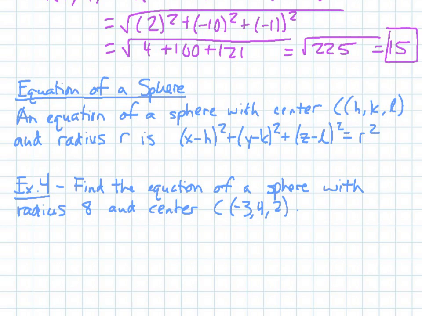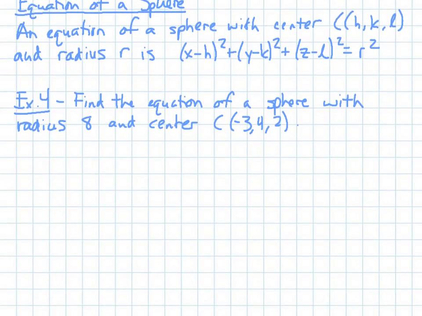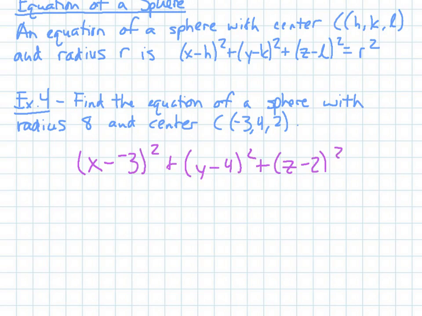So find an equation of a sphere if your radius is 8 and center is (-3, 4, 2). So then plugging it in, x minus negative 3 squared plus y minus 4 squared plus z minus 2 squared equals 8 squared. So let's simplify here a little bit.